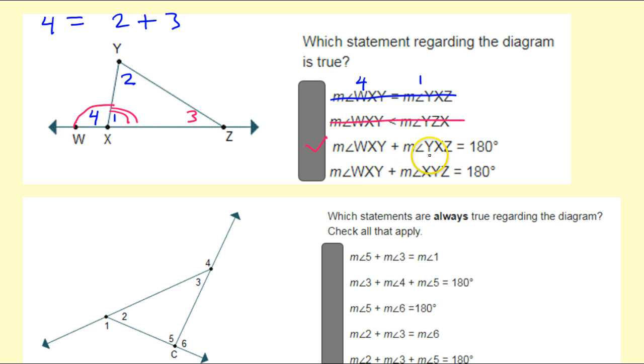They're just trying to tell us something. Again, when you have two angles right next to each other that form a straight line, you know they have to add up to 180 degrees. This is the third problem in which this concept has appeared. So let's really absorb this concept, right? If you have a straight line and it's split up into two angles, they have to add up to 180. So that one's true.